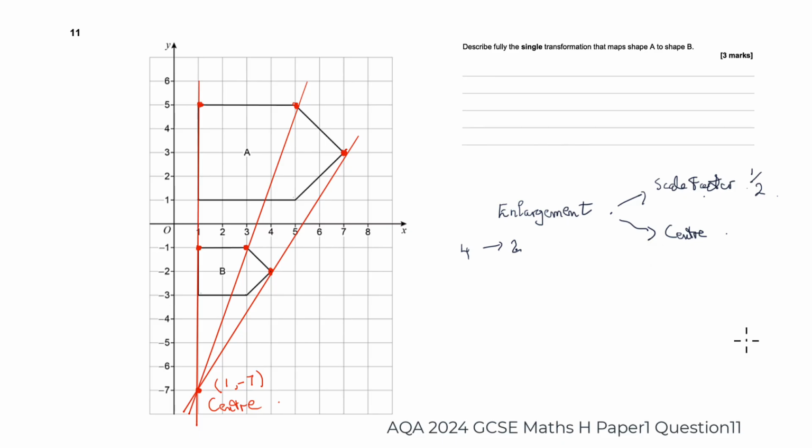So the scale factor is 1/2, and the centre of that enlargement is 1, negative 7. So in your working you would say that it's an enlargement, that its scale factor is 1/2, that the centre is 1, negative 7, and that would give you your 3 marks.